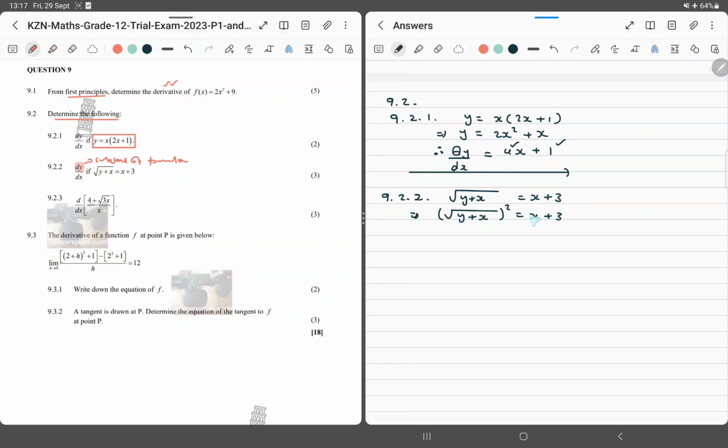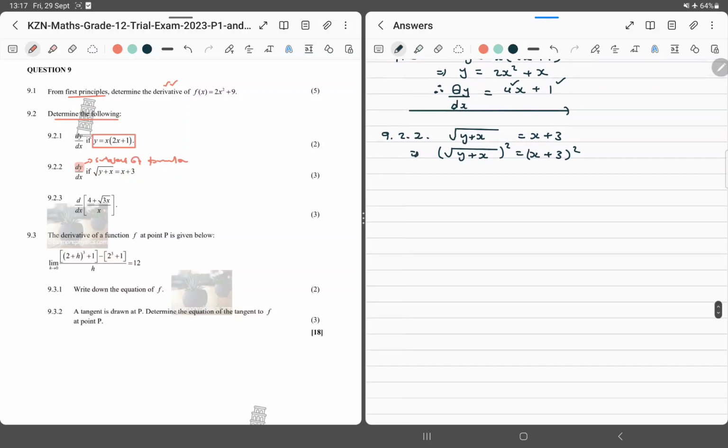Now here we can square to get rid of that. This implies that y plus x is going to be x squared plus 6x plus 9, which also implies that y is going to be x squared plus, transposing that, 5x plus 9. Therefore, dy over dx is going to be 2x plus 5.